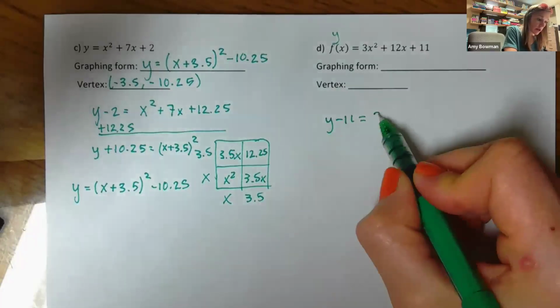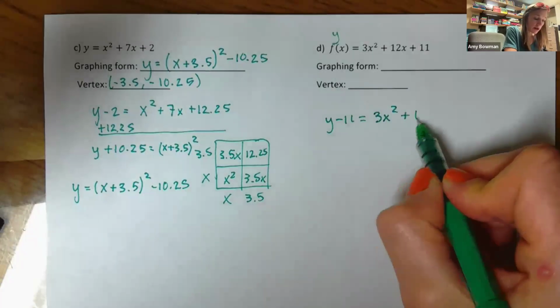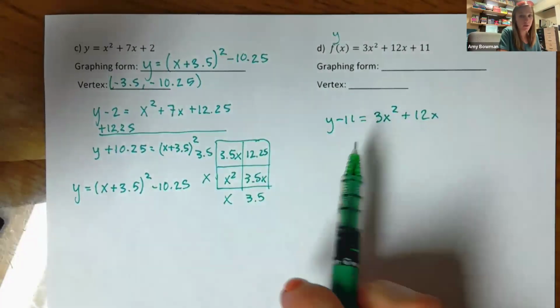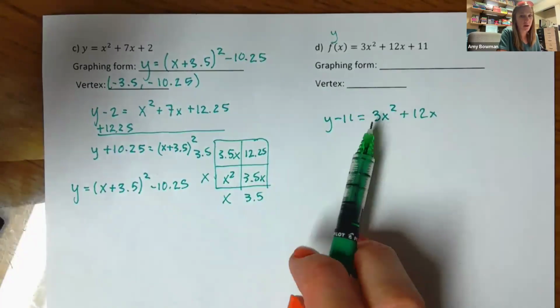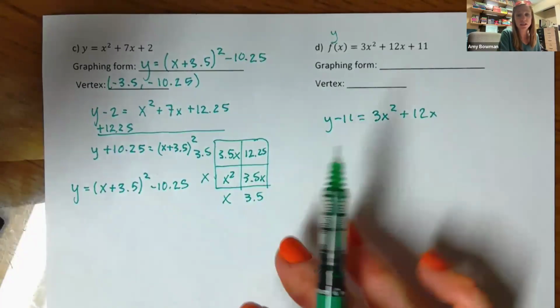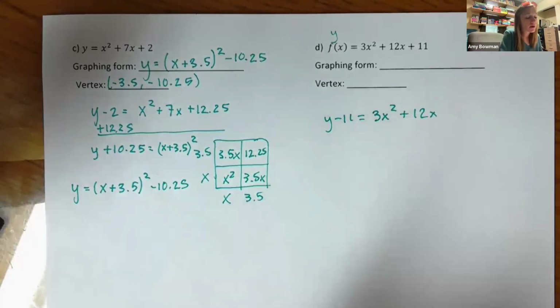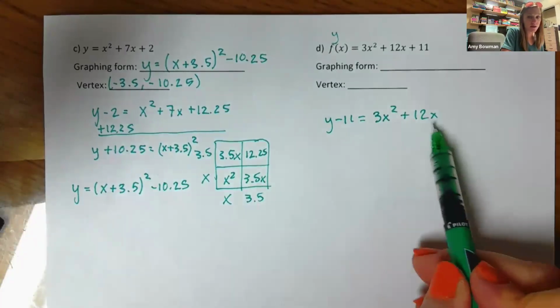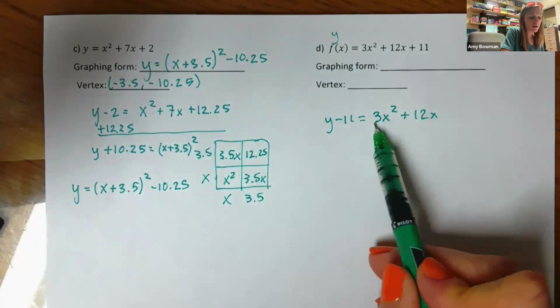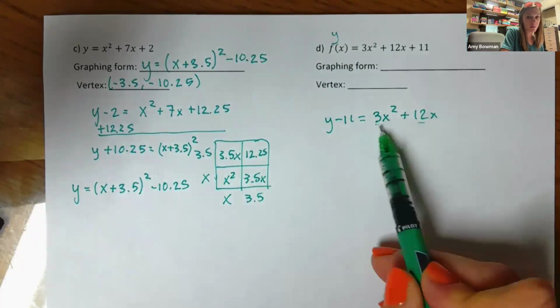And then I have 3x squared plus 12x. So we can still complete the square on this. Visualize what 3x squared is. That's going to be 3x squared tiles. However, if you notice from both of these terms, 3 and 12 are both divisible by 3.